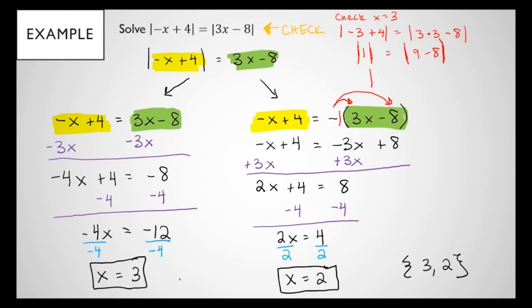So we end up with the absolute value of 1 equals the absolute value of 1. That's a true statement, so that works. And then if you checked 2, you would also end up with a true statement. I don't really have room to check that, but it would work out.